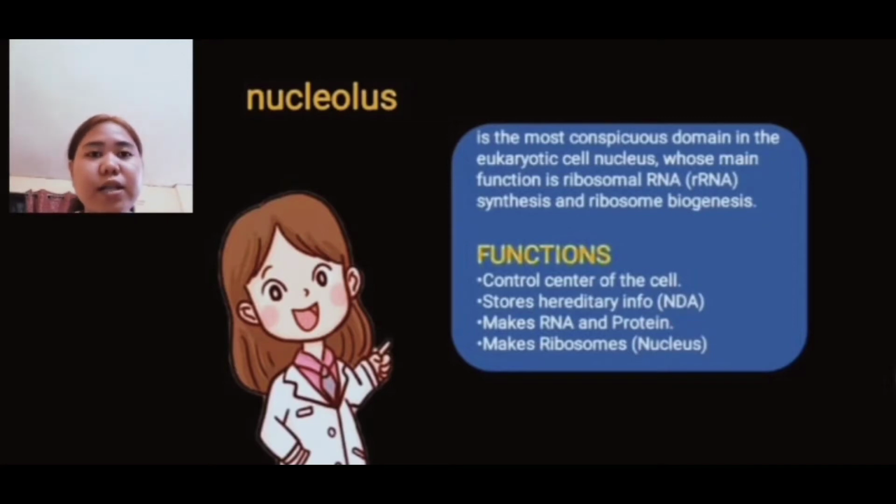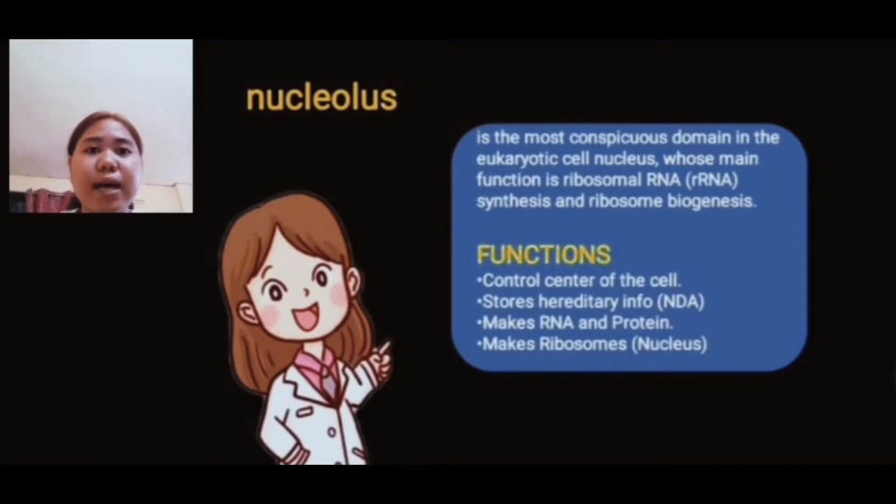The nucleolus is a region found within the cell nucleus. It is concerned with producing and assembling the cell's ribosomes. It possesses DNA, which directs information for proteins and enzymes in the cell.